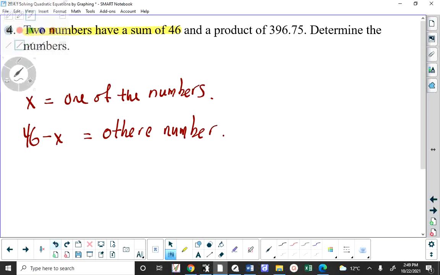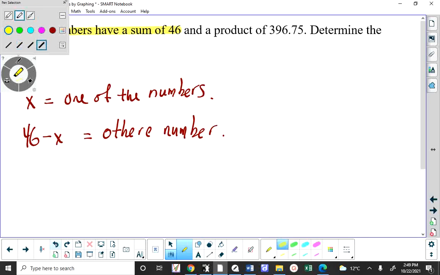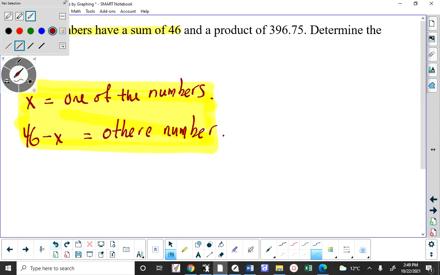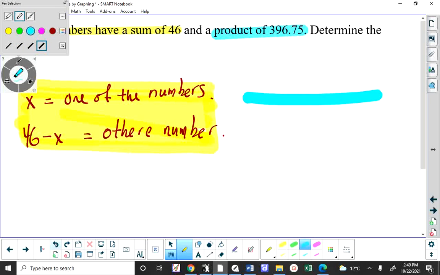What is highlighted in yellow allows us to write out these statements. What I'm going to highlight in blue allows us to write out this statement.